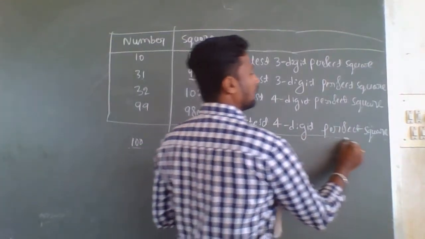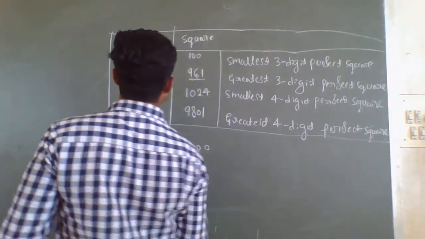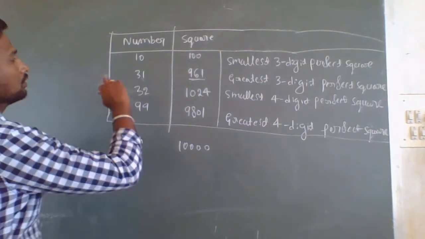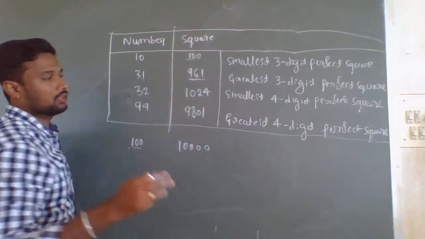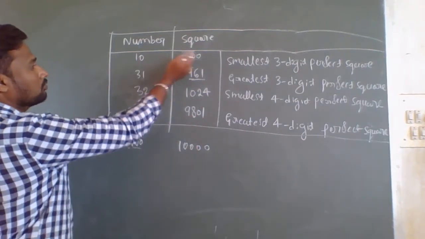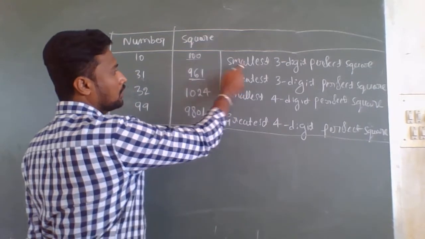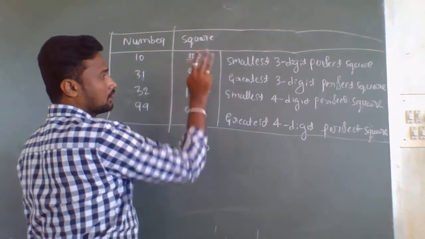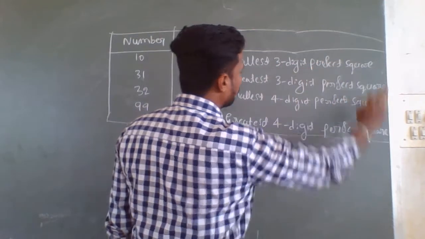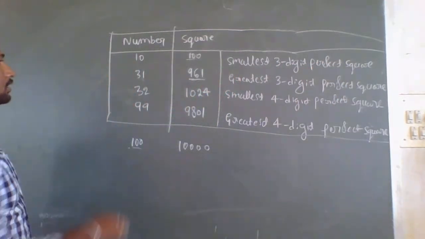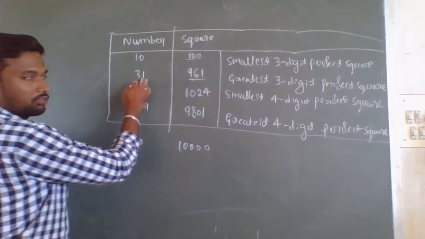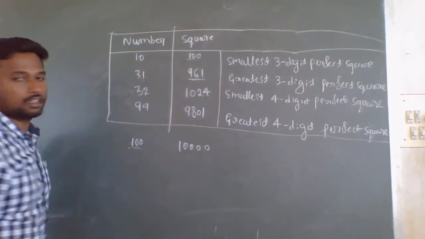This is the table they have given. You can see here 100 is the first 3 digit number, 10 into 10 means 100. So you can say that this is the smallest 3 digit perfect square number. Next one is 31 into 31. The square of 31 is 961.